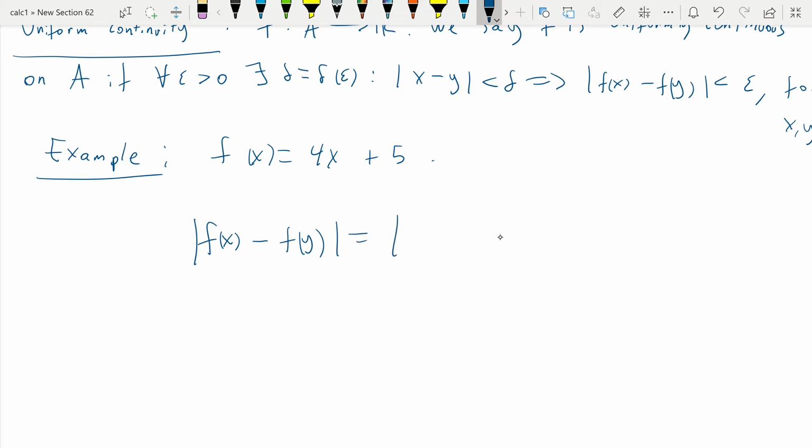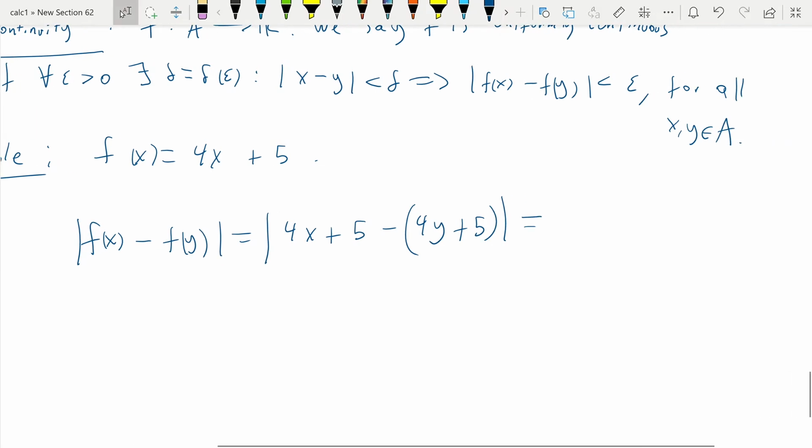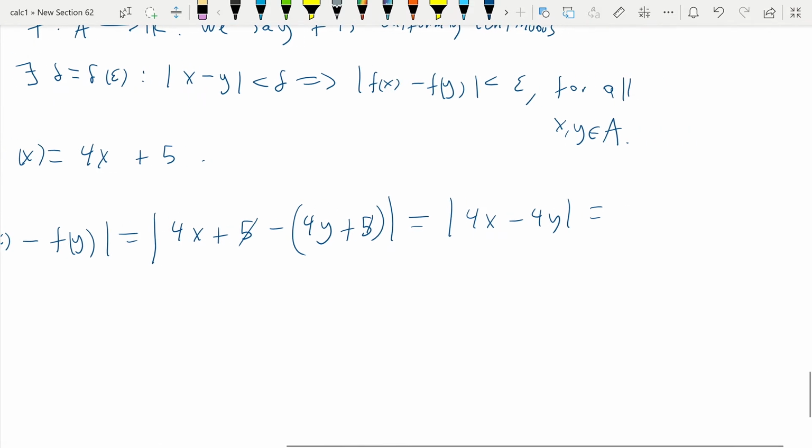This is just 4x plus 5 minus 4y plus 5, and this is exactly the same as 4x minus 4y. And the 5 here will cancel out, which is just 4 times the absolute value of x minus y.